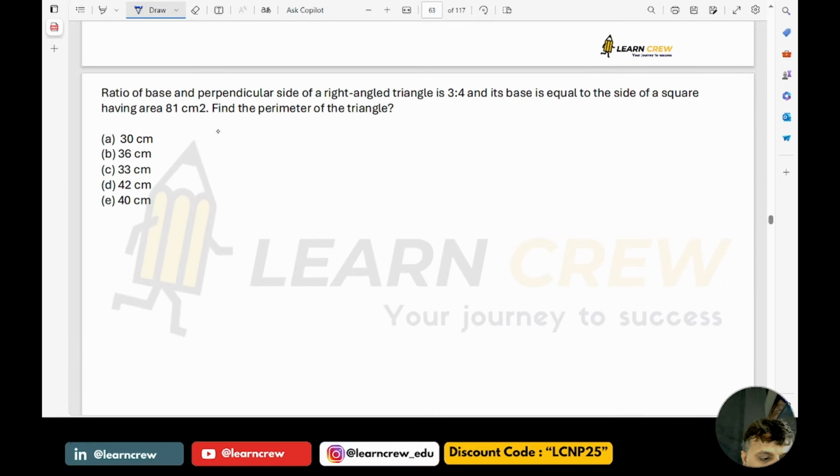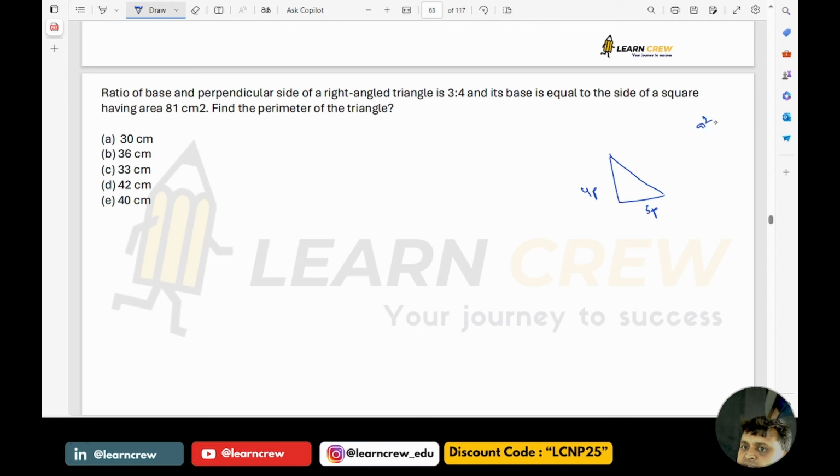Ratio of base and perpendicular side of a right angle triangle are 3:4. 3 parts, 4 parts. And its base is equal to the side of a square having area 81.